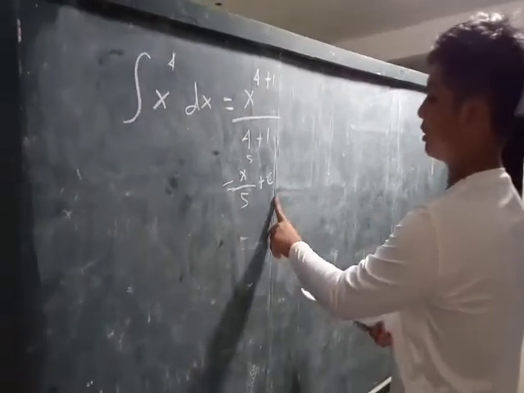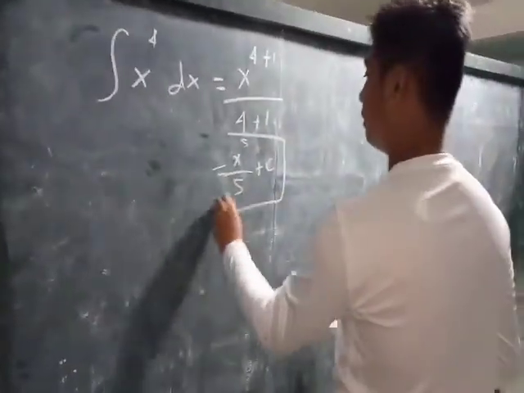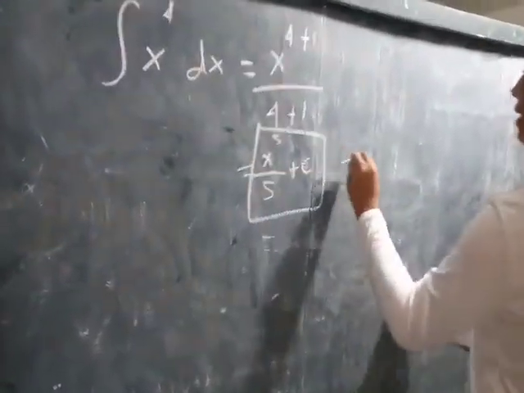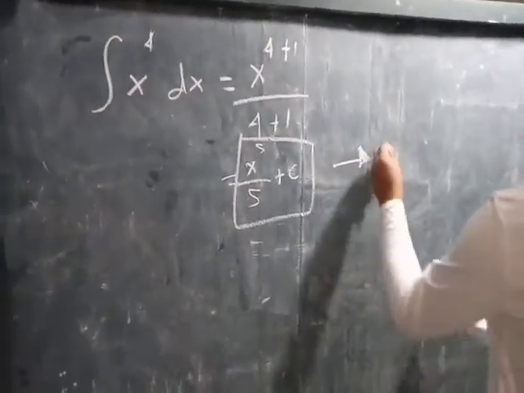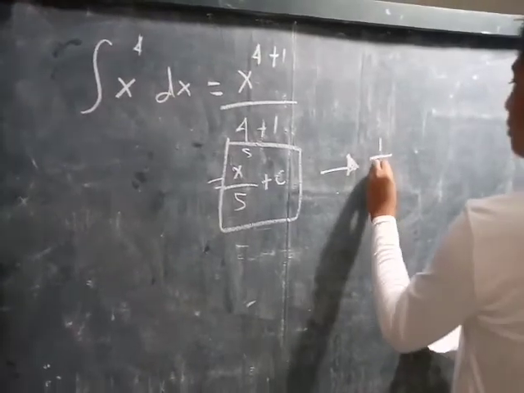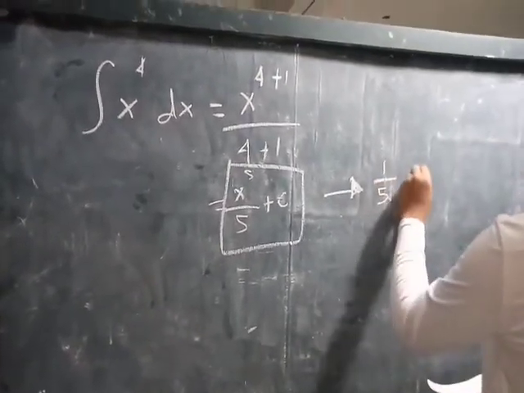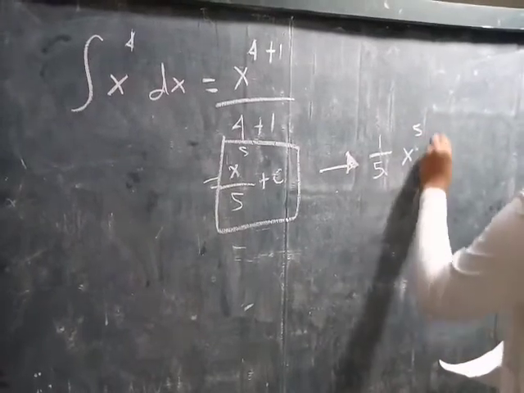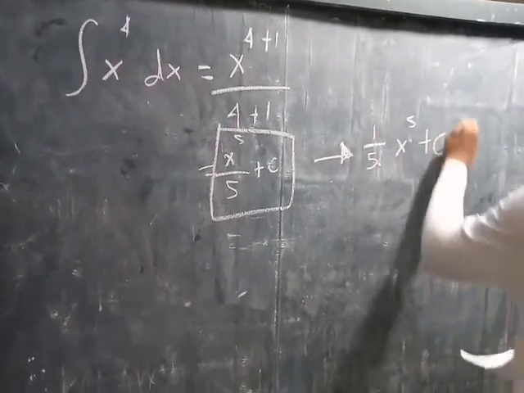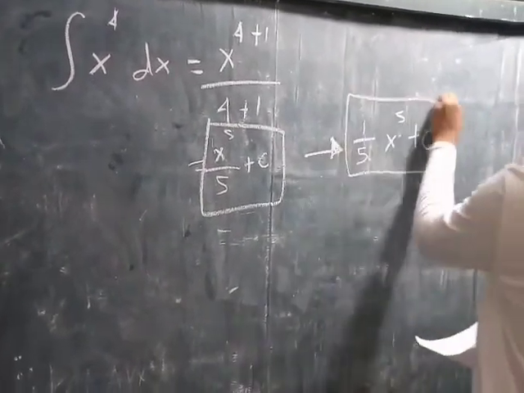So this is the answer. But we can also show our answer like this: 1 over 5 x to the 5th power plus c.